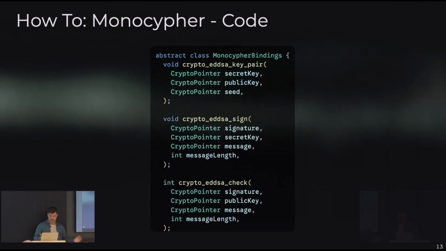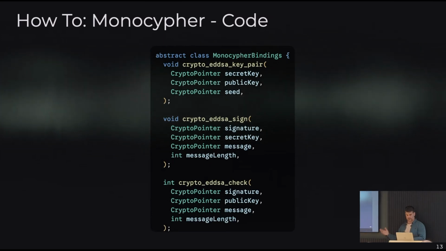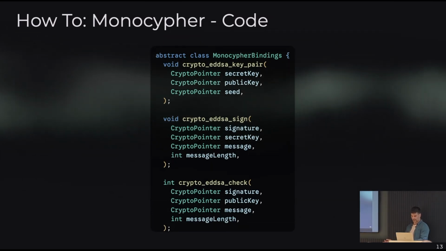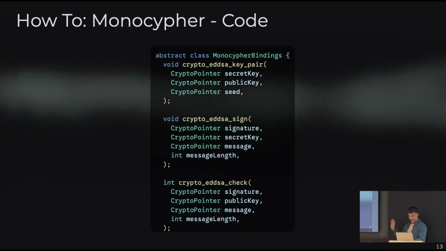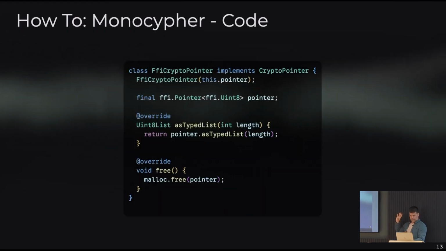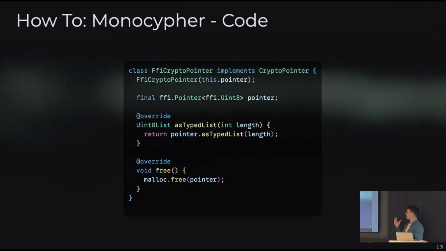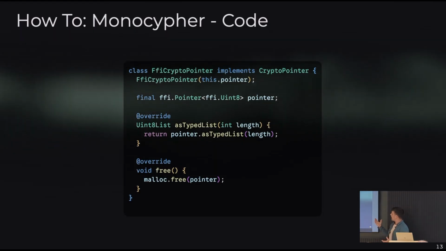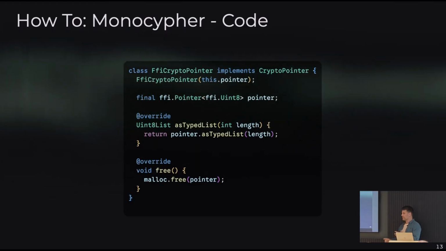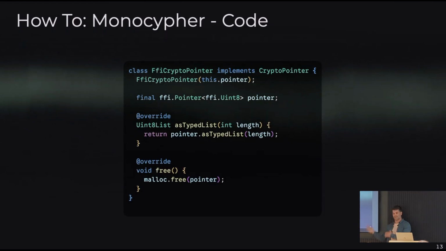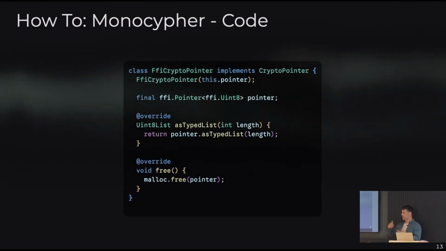Then these are the bindings that it generates, or that I have written, to use that code. It's quite simple. You have to do a little bit of translation between the FFI layer and Dart, so making things into FFI pointers, which is a pointer to memory that can be passed to the C code, and then translating it back.